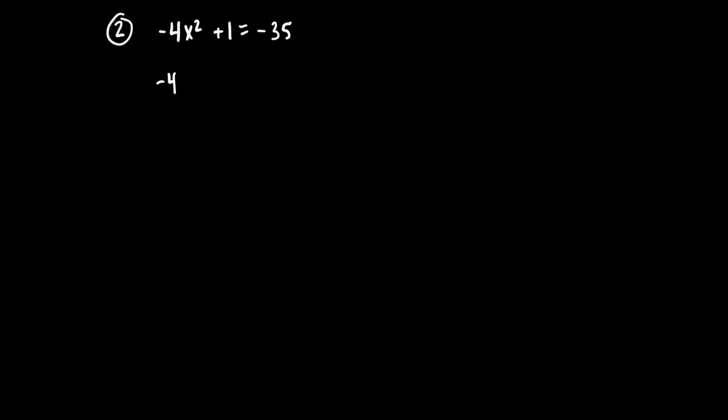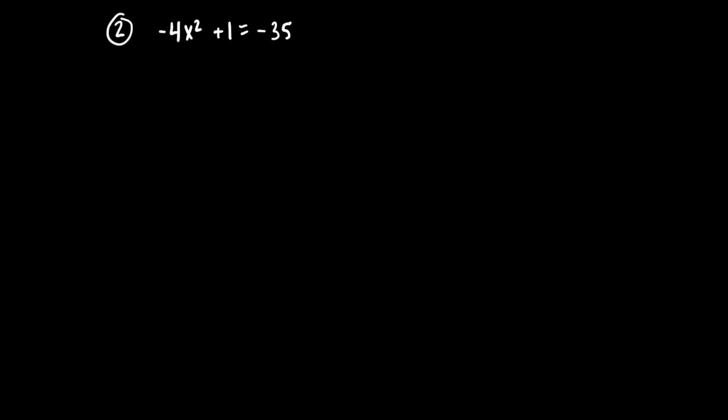So, if I have negative 4 times red triangle plus 1 was equal to negative 35, and I'm just trying to get the red triangle by itself, I would subtract 1 first, and then I would divide by negative 4, and that's exactly how we're going to approach this problem.